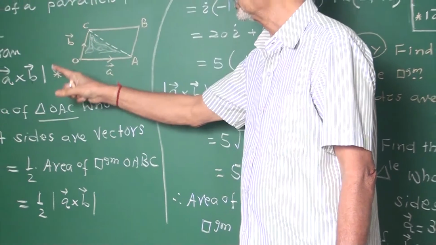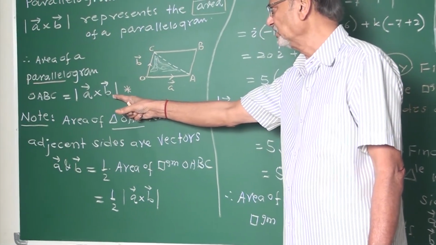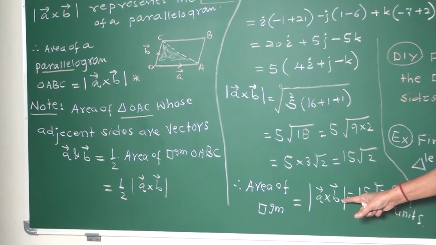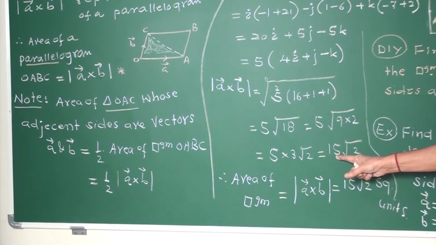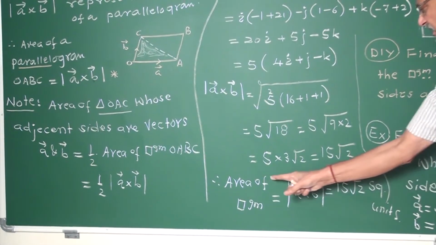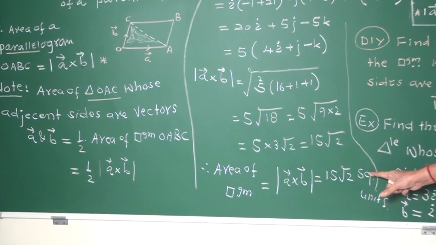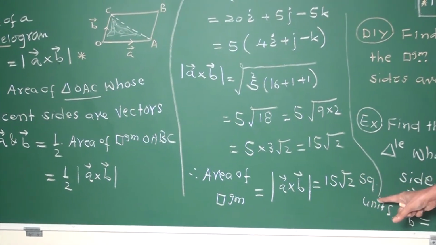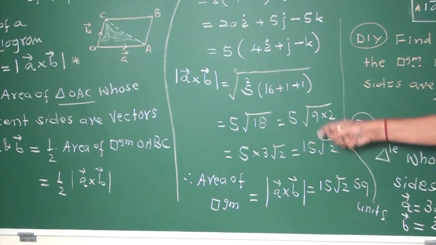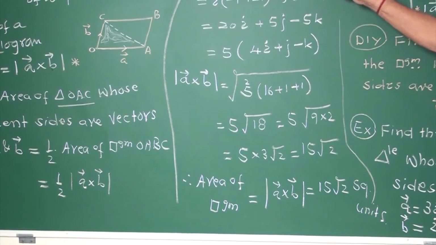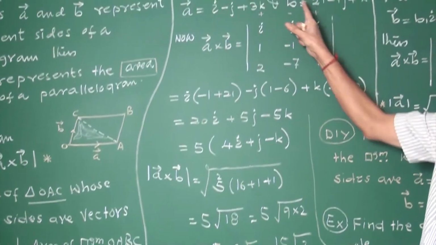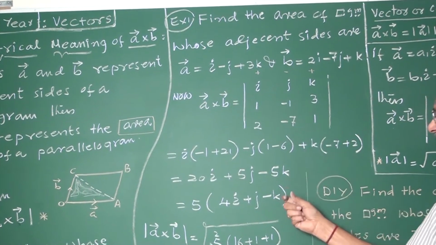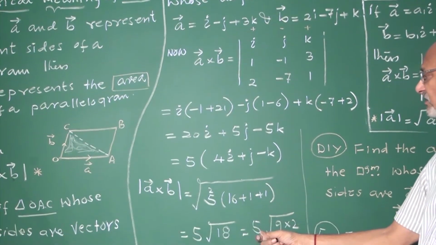The area of the parallelogram is the magnitude of A cross B, whose value is 15 root 2. Area means the units are square units: 15 root 2 square units, my friends. This is simple. Once again, find A cross B with the help of the vectors, convert in terms of determinants, and evaluate it to get the value.